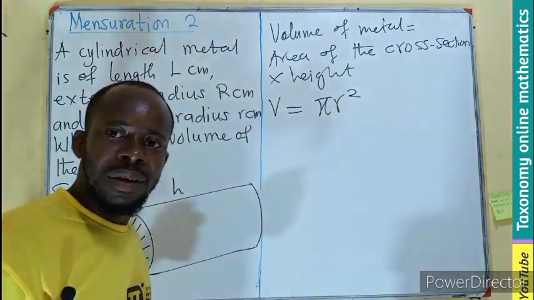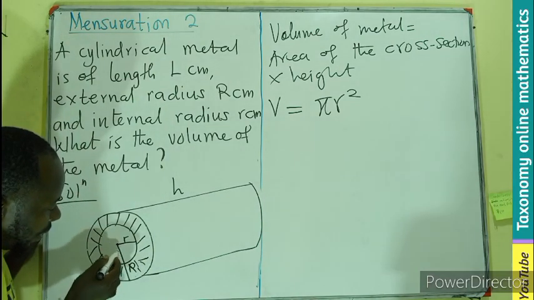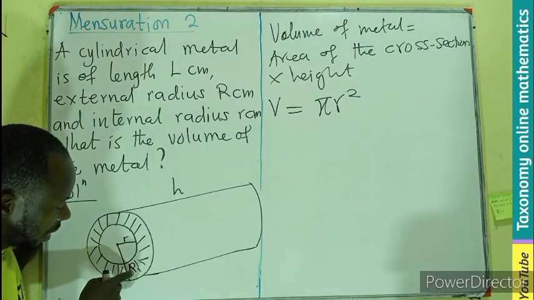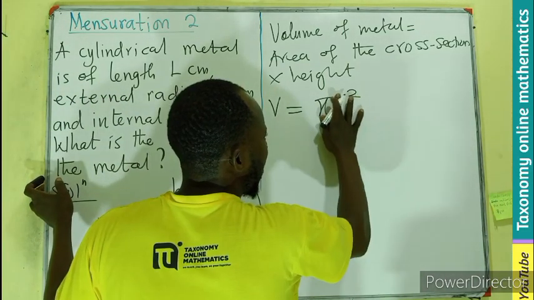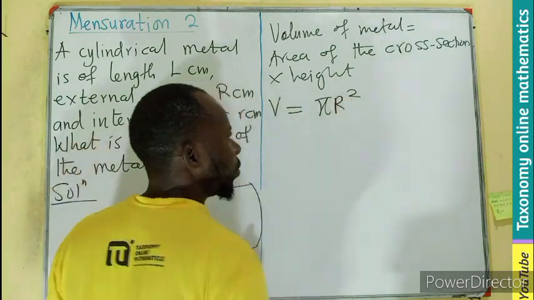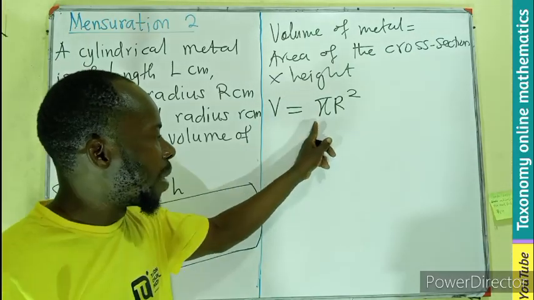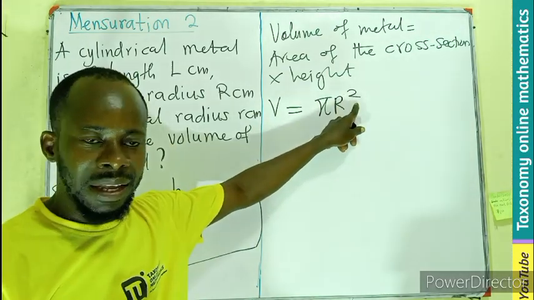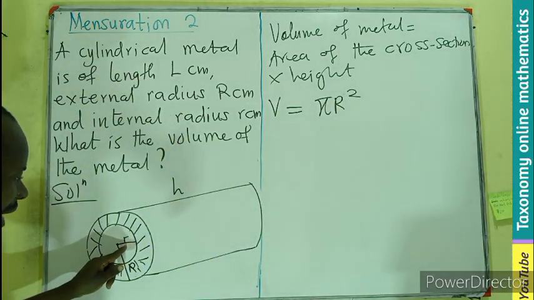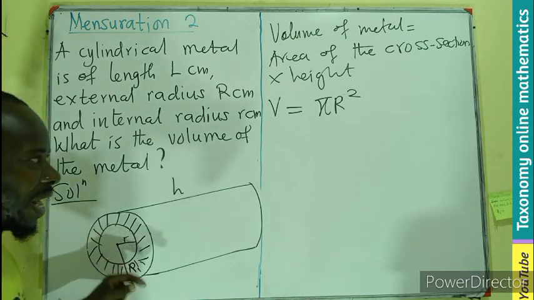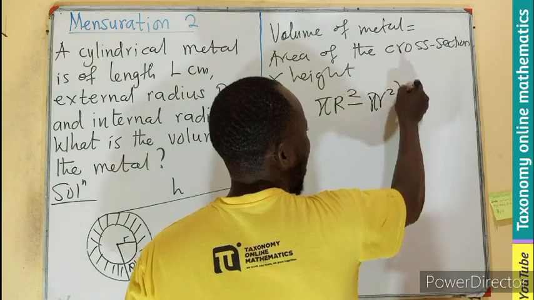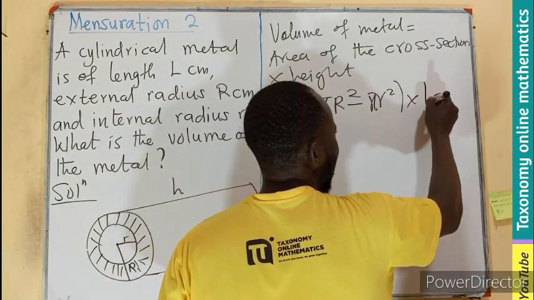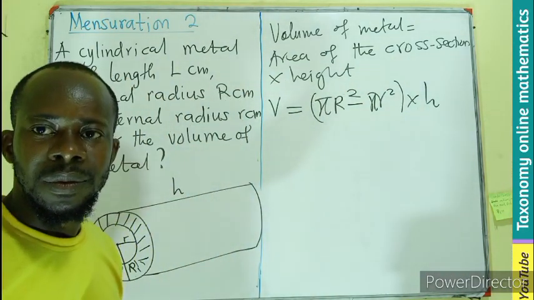Squared, right? But the bigger circle is having a radius of capital R. So we are going to say pi R squared, right? Then we need to find the area of the smaller one and subtract. So minus pi r squared, multiplying the height.